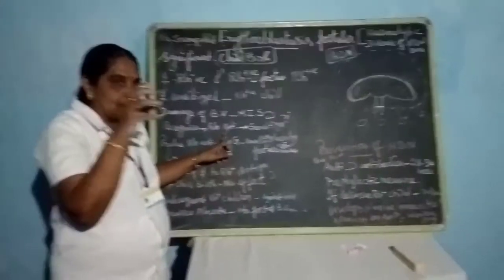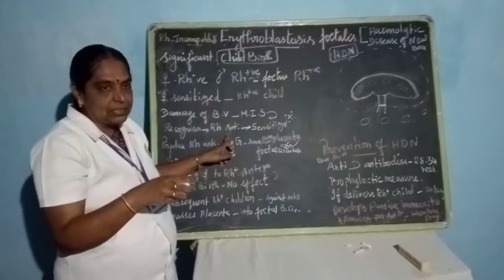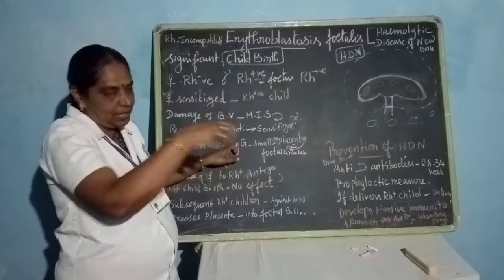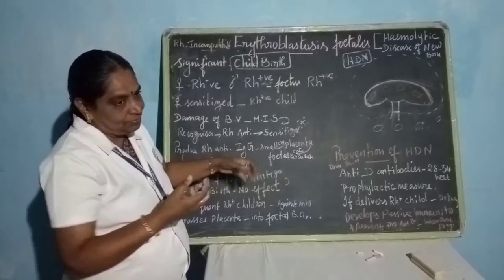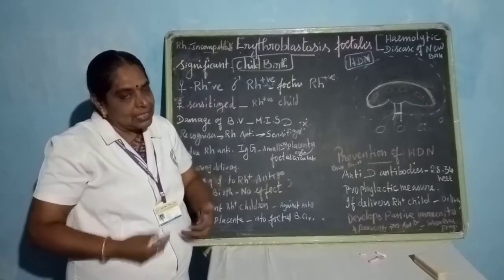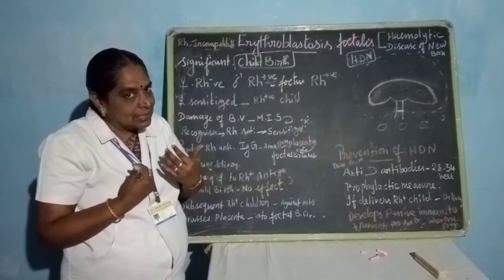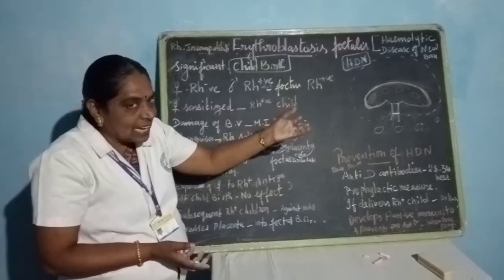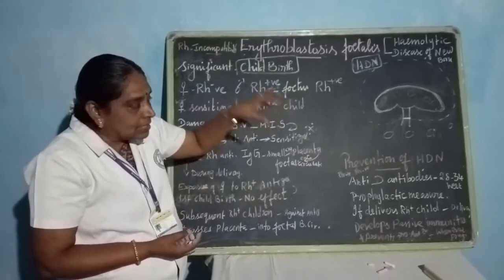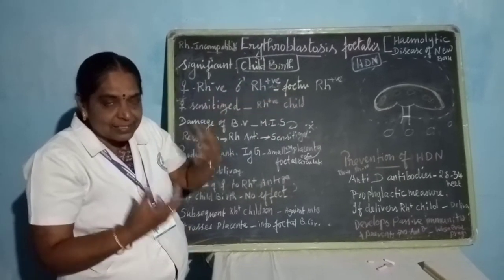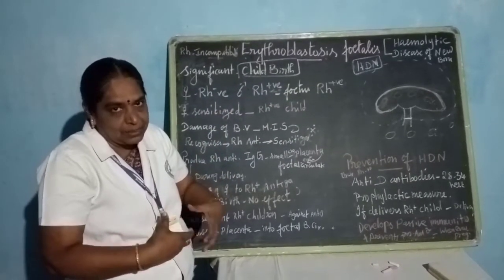The fetus inside the mother's body carries RH positive, whereas the mother's body has RH negative. But that RH positive child is growing inside the body of the mother.